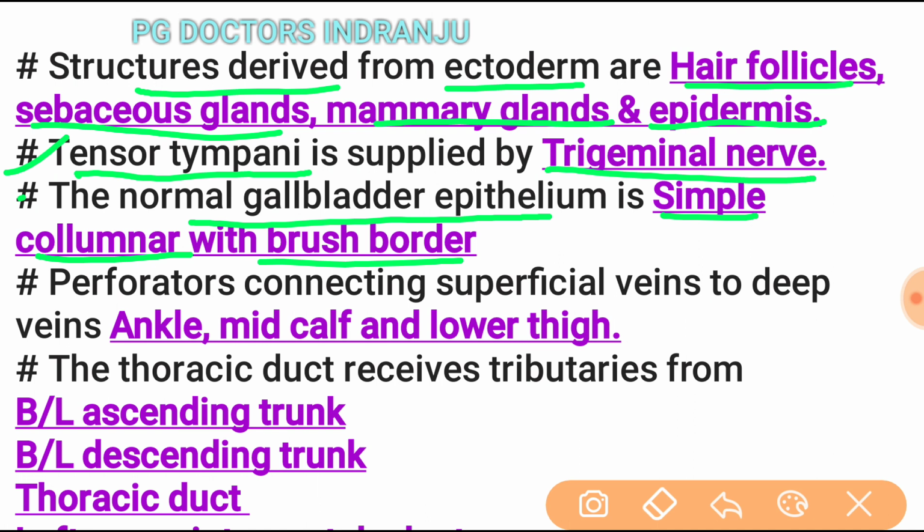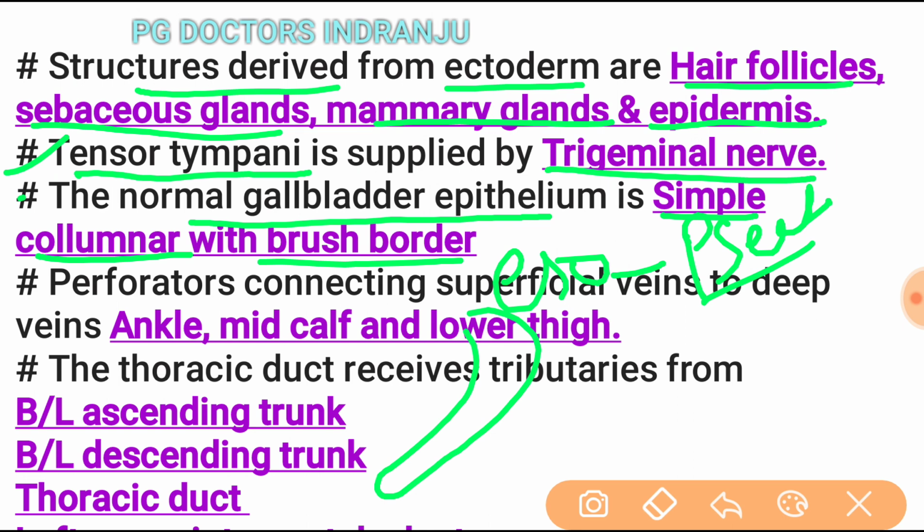In the esophagus, there is a lining of pseudo-stratified epithelium. After that, to the anus and stomach, there is only one thing you have to remember, that columnar epithelial lining is present in that.